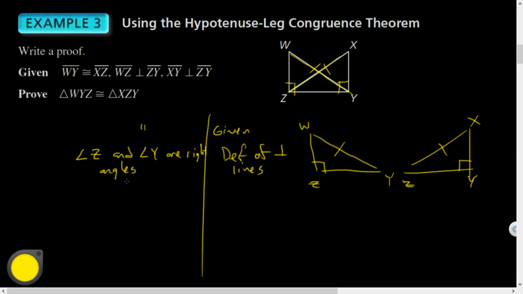All right, check this out, triangle WYZ and triangle XZY are right triangles. The reason? Definition of right triangles.